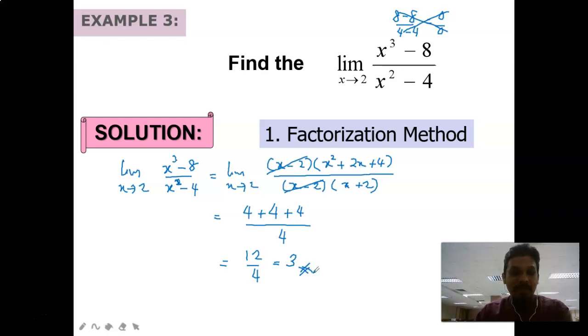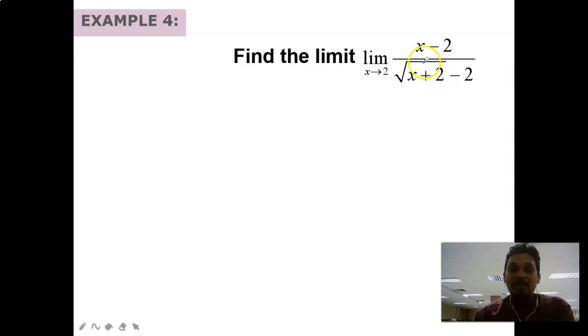Okay, next, find the limit of this. We substitute the value of x equals 2. 2 minus 2 equals 0. Substitute here, 2 plus 2 equals 4. Square root of 4 equals 2. 2 minus 2 equals 0. So we don't want this happening.